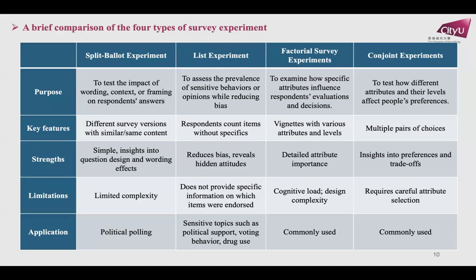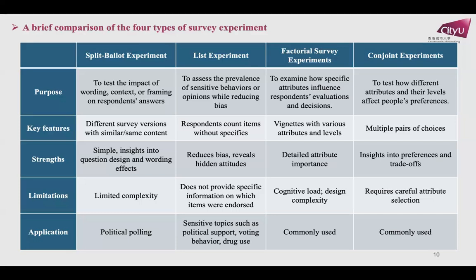The limitation is that some factorial survey experiments may come with some cognitive load, and some may have a higher level of design complexity that may affect the respondents' choices. The application is widely used in peer research.